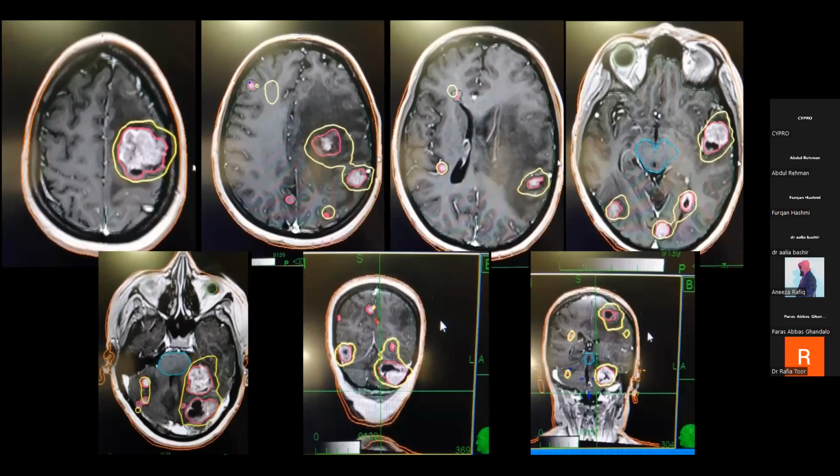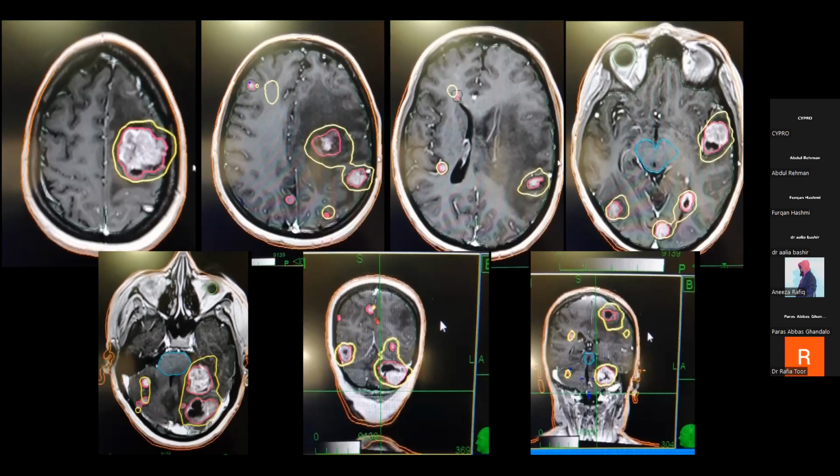All the chemotherapy options were done. She could not afford any kind of immunotherapies, and had already received whole brain radiation therapy. The image you are seeing is after the whole brain radiation therapy. So no option was left. She came all the way from Peshawar to Karachi, and we were left with nothing but to offer something.